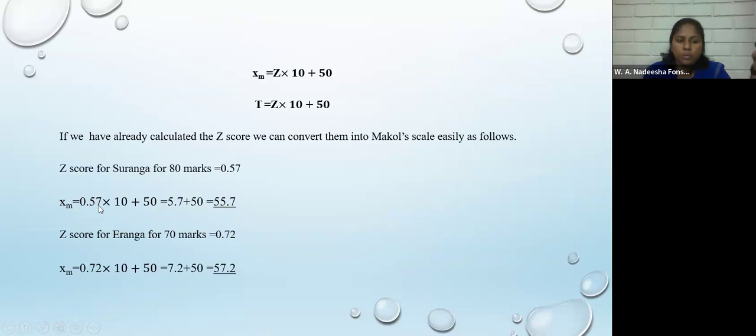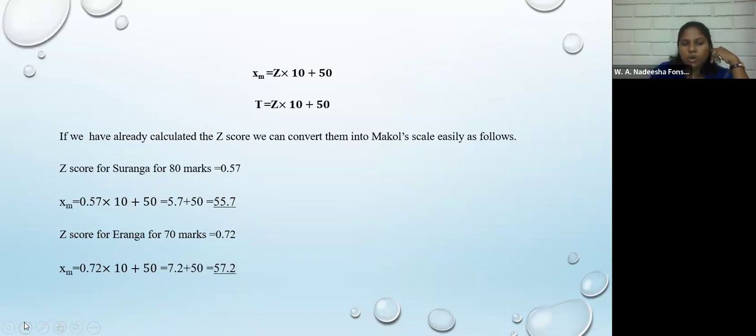XM equals 0.57 for Suranga's 80 marks into 10 plus 50. Here you got 55.7. And then for Eranga, that is 57.2. By looking at those results also, we can say that Eranga is cleverer than Suranga. I think this is where we stopped on that day.